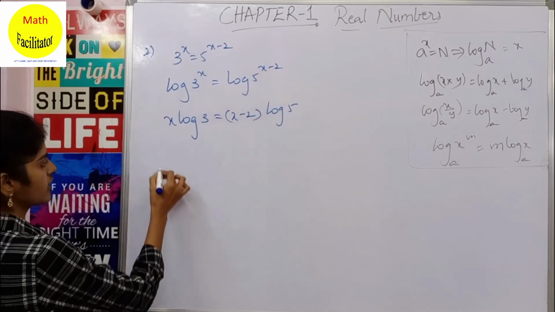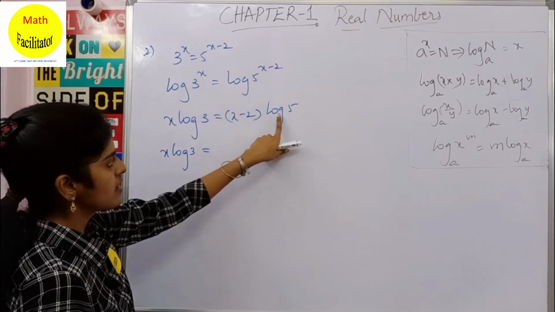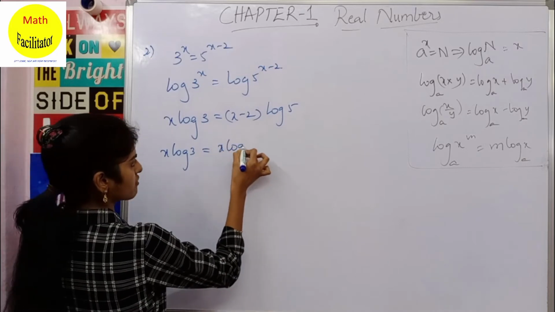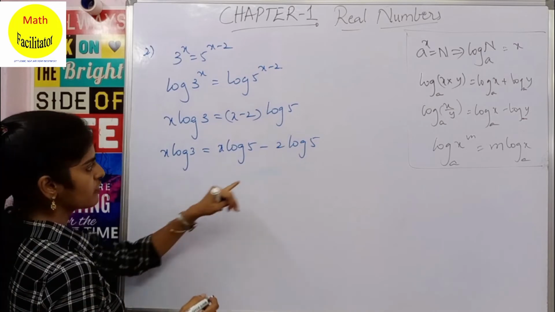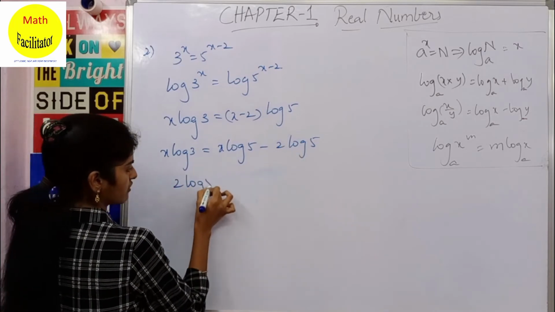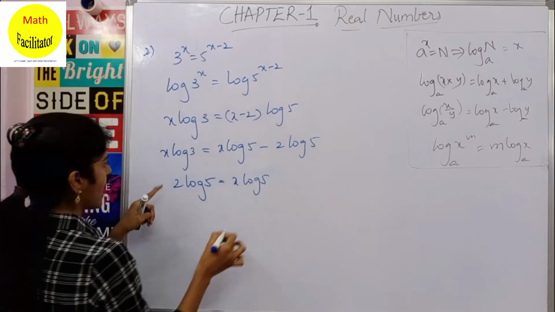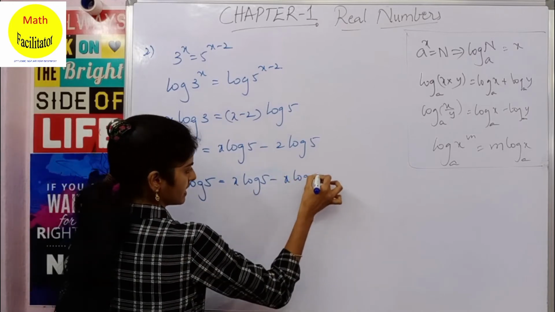Clear? Now x log 3 is equal to, so this log 5 is multiplied to both these. So it is x log 5 minus 2 log 5. So we shall bring this minus 2 log 5 here. So it is plus 2 log 5 is equal to x log 5, and this, if it goes to the other side, is minus x log 3.